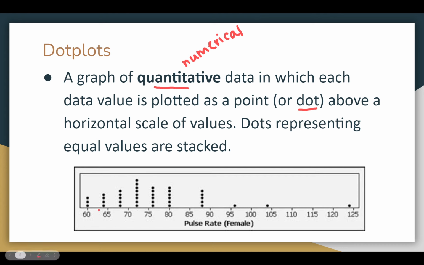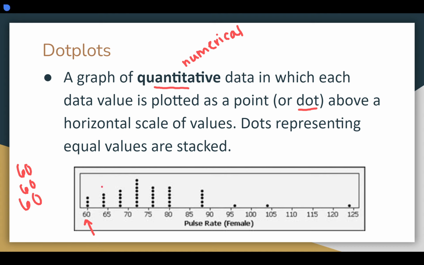So each value is still represented. What this would mean at the 60, if there are 3 of them, is 3 60s. That would be 60, 60, 60.